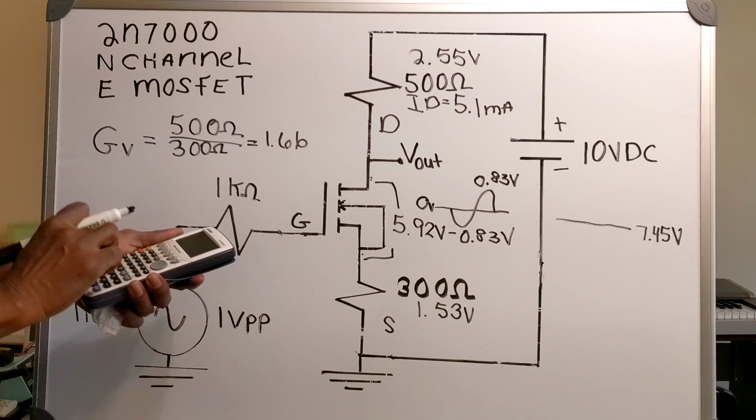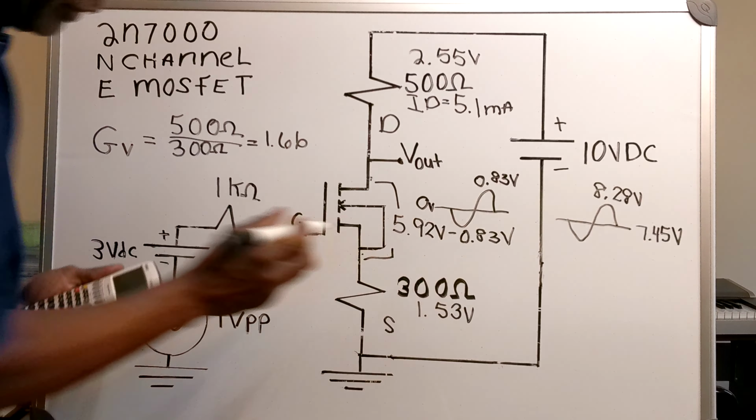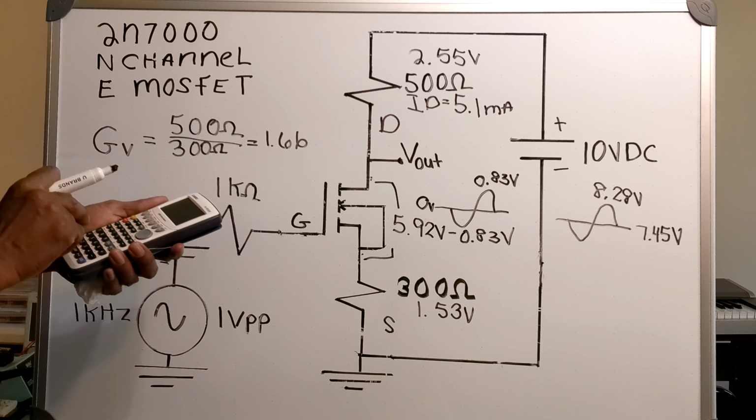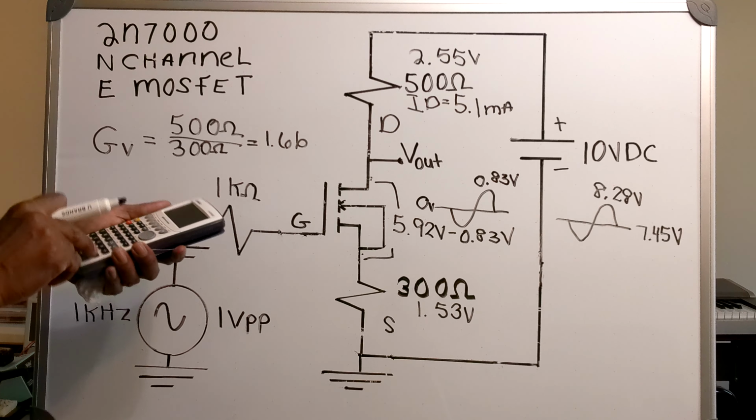Now on the bottom, I'm going to add 7.45 volts onto minus 0.83 volts. 7.45 minus 0.83.